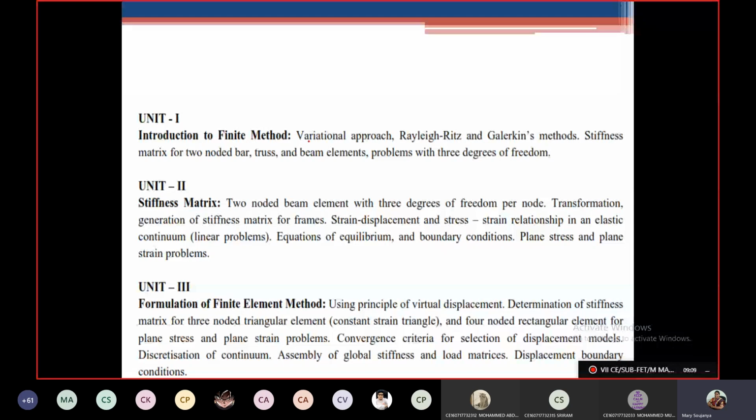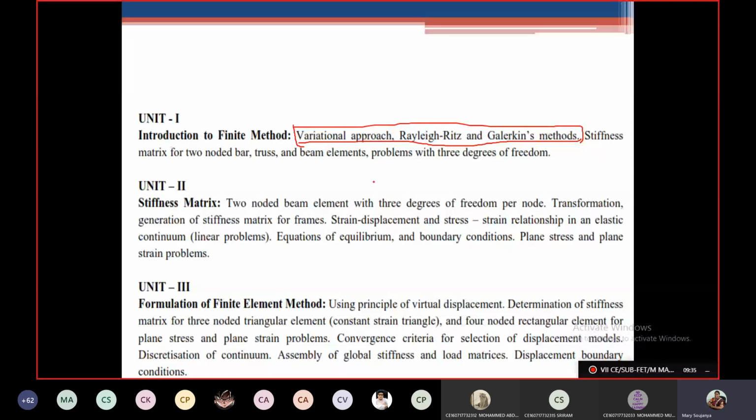Today, we will start with the first three topics of our Unit 1, which is the variational approach, Rayleigh-Ritz and Galerkin's method. These three methods are in your syllabus, which is about formulating the FEM, formulating for finite elements.